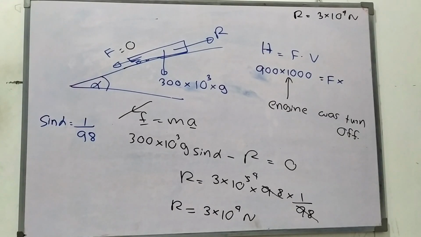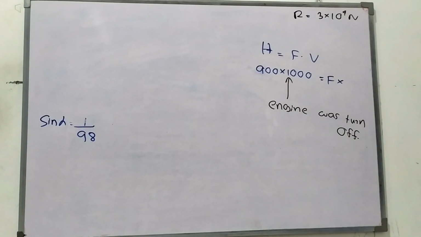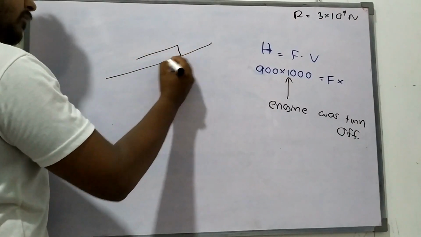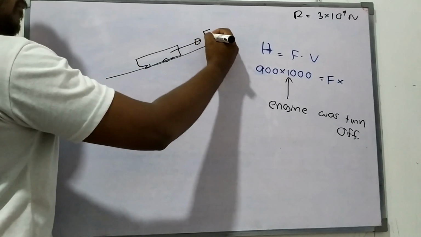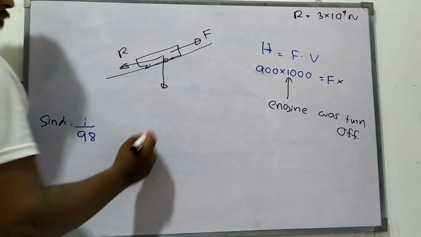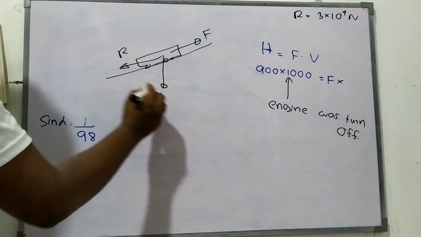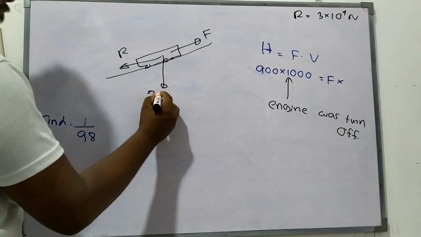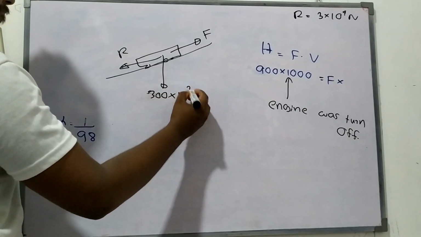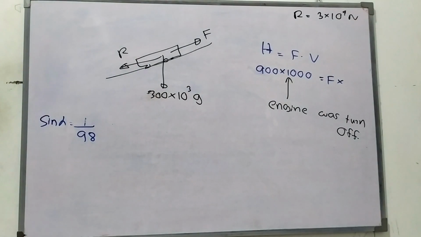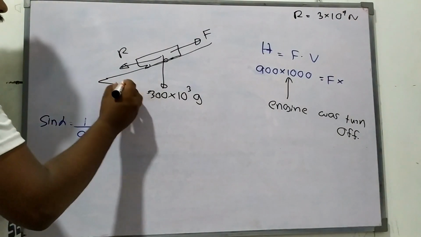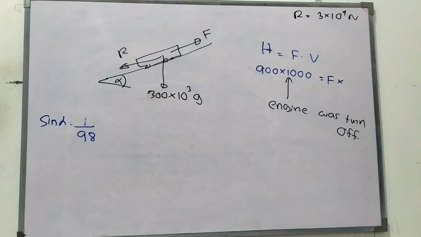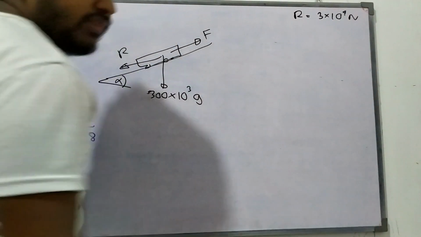Now let's consider the upward motion. When the train is going up, so now H is actually working.